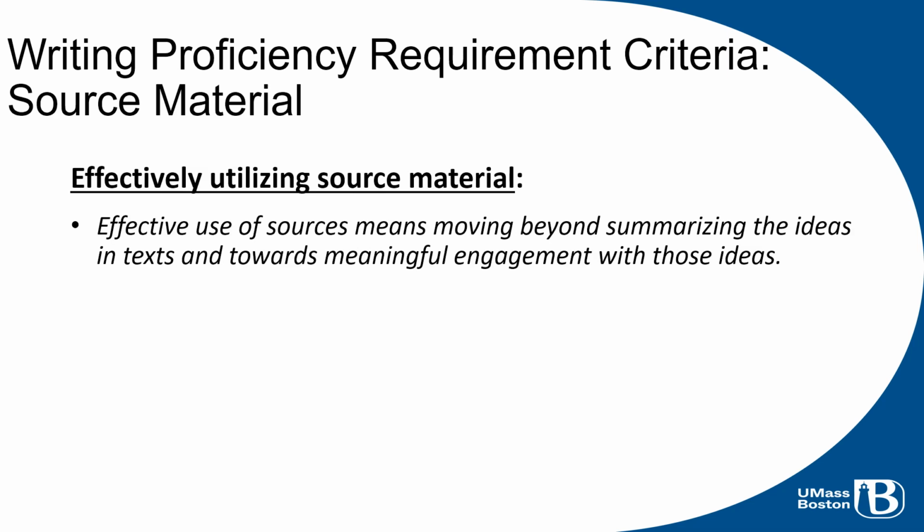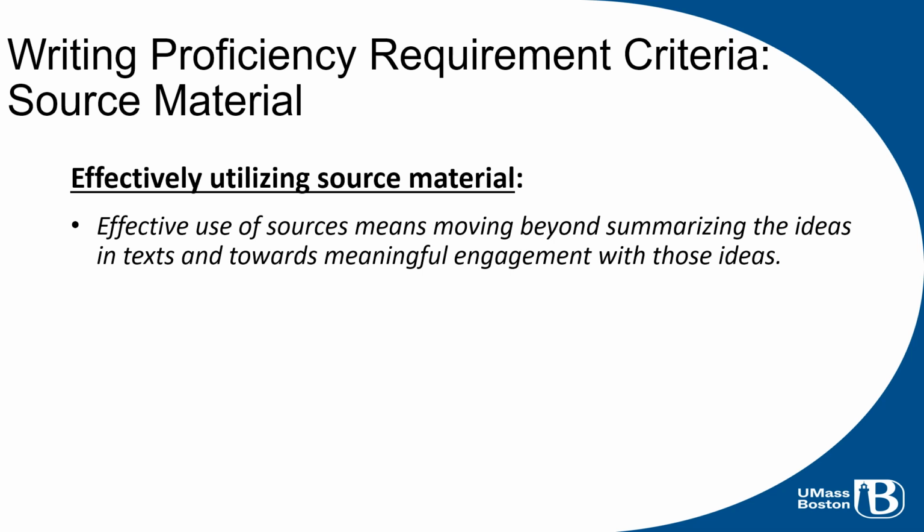Effectively utilizing source material involves carefully selecting, integrating, and explaining source material, as well as meaningfully applying that material in service of an essay's purpose. Effective use of sources means moving beyond summarizing the ideas in the texts and towards meaningful engagement with those ideas.